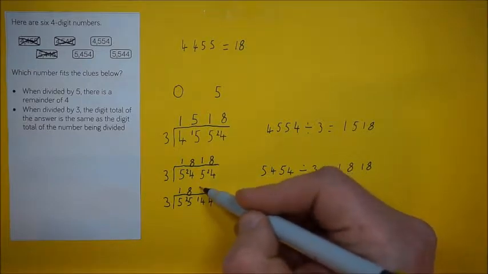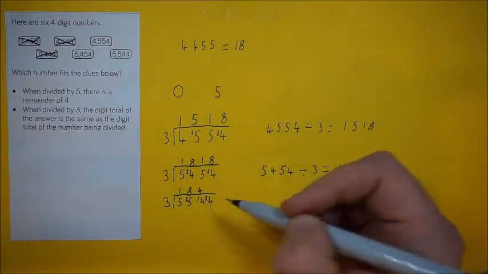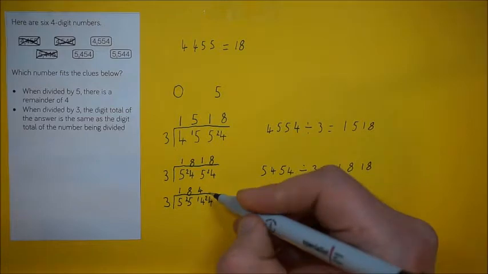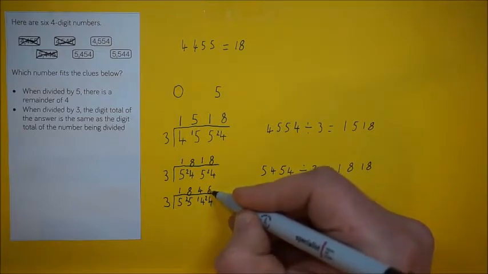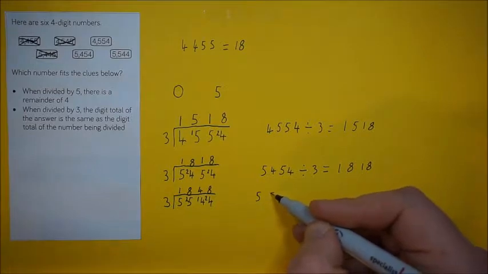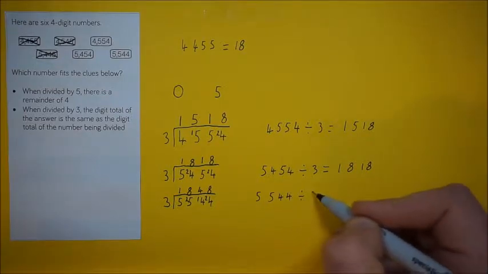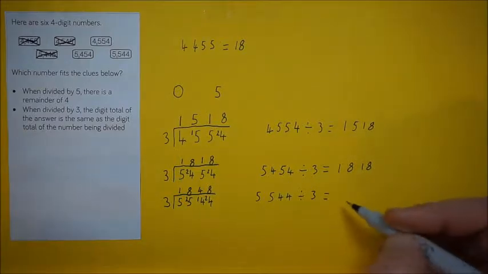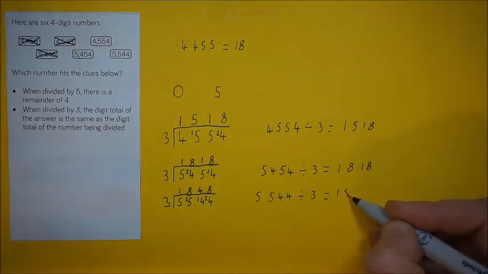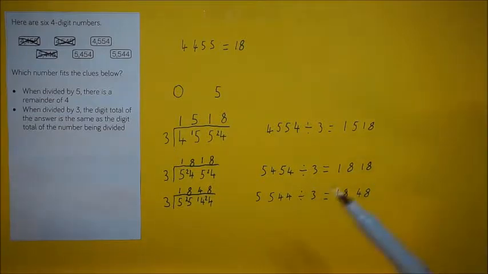Well, 4 will go in with a remainder 2. How many 3's go into 24? Well, that's 8. So we can say from that 5,544 divided by 3 equals 1,848. So now we've divided them all by 3, we now need to find out their digit totals.